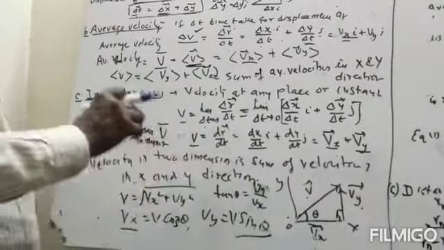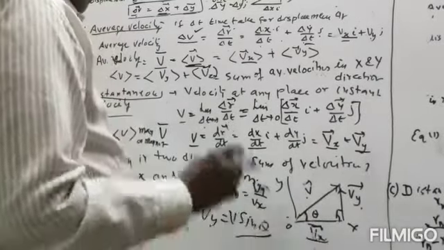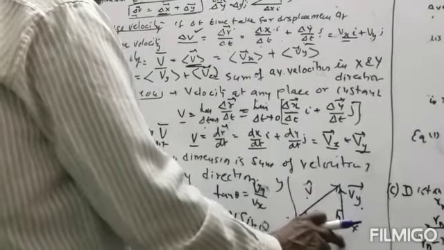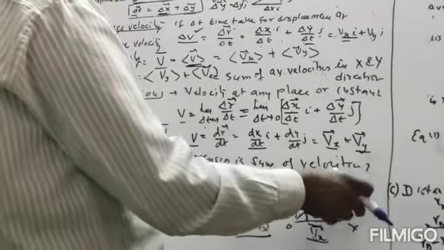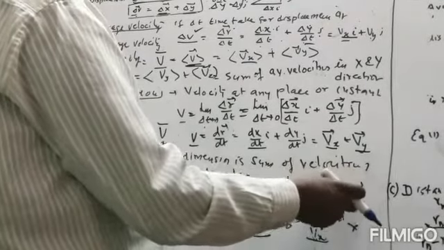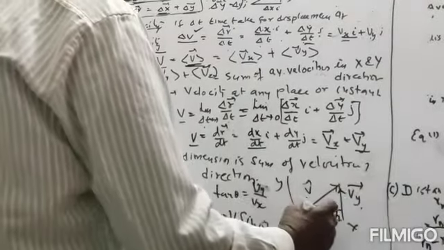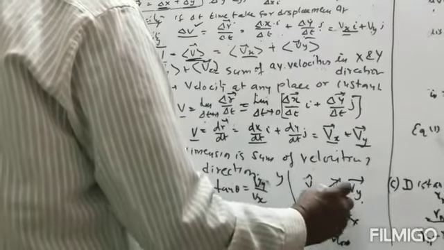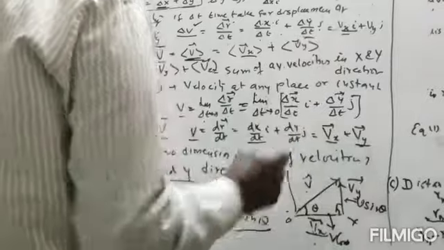If theta is the angle with the x axis, then the component of velocity in x direction will be v cos theta, and the component of velocity in y direction, vy, will be v sin theta.